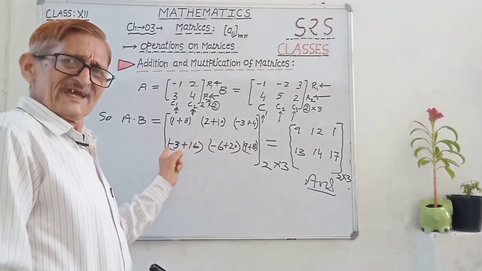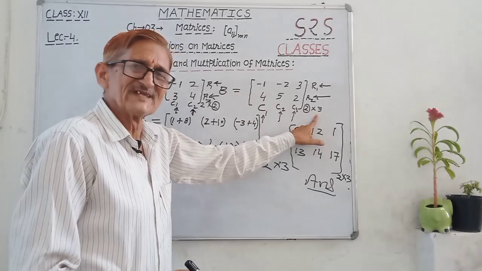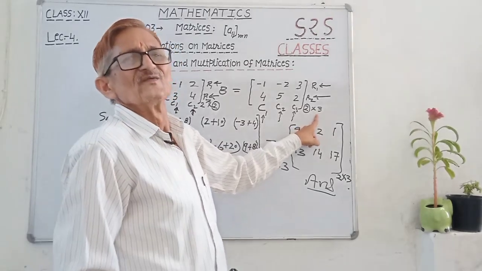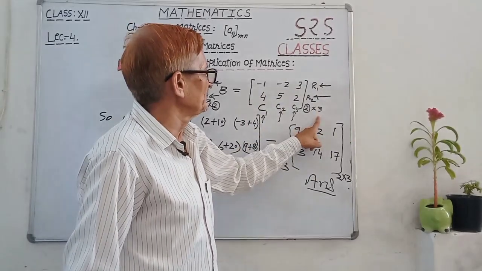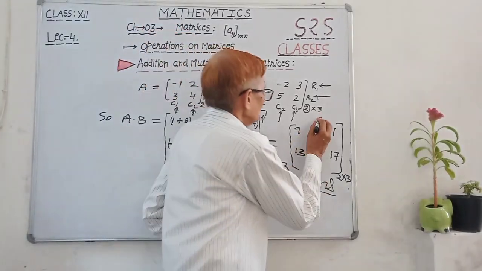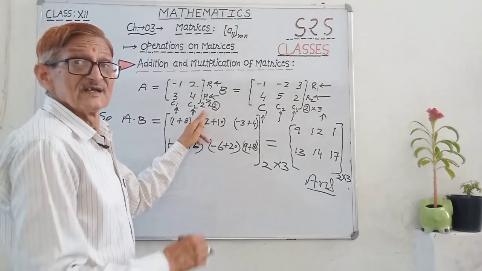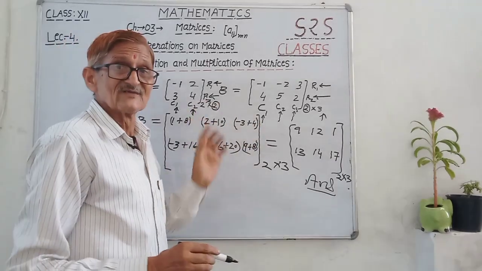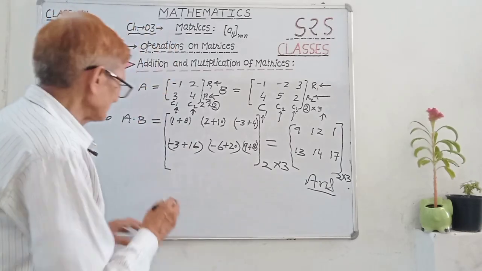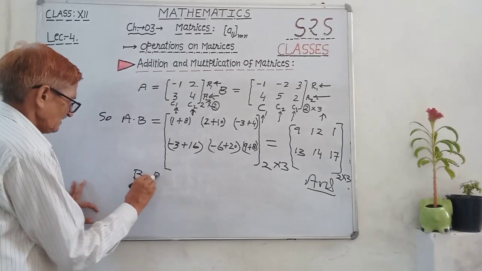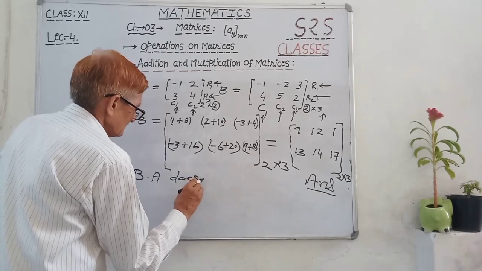Check whether BA exists or not by definition. तो B कॉलम, अब क्या देखना फर्स्ट का? कॉलम देखना होता है. कॉलम ऑफ द फर्स्ट मस्ट बी इक्वल टू द रो ऑफ द सेकेंड, देन वी कैन मल्टीप्लाई. तो कॉलम ऑफ द B 3, and row of the A 2, then 3 is not equal to 2, so we can't multiply B with A. So BA does not exist. Why?